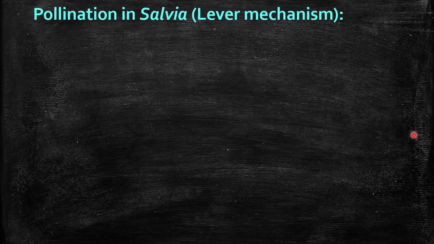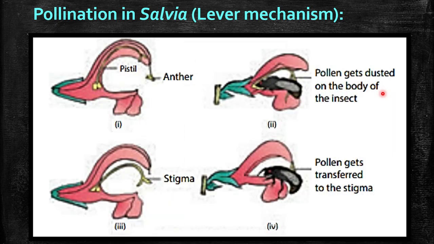The pollination in Salvia is by a lever mechanism. Here we can see the upper fertile lobe. There are two lobes in the flower: the upper fertile lobe and the lower sterile lobe. When a bee or insect enters the flower, the pollen gets dusted on the body of the insect.